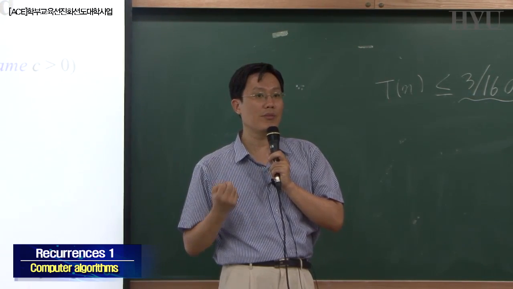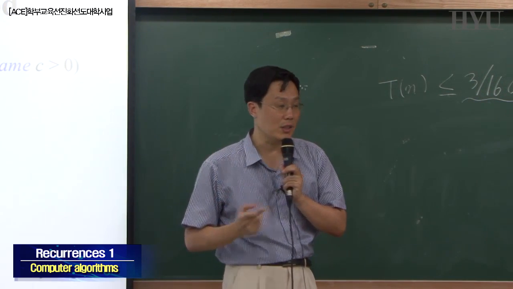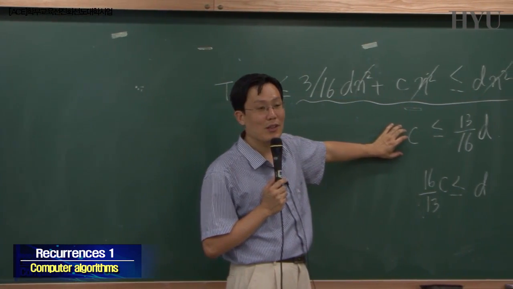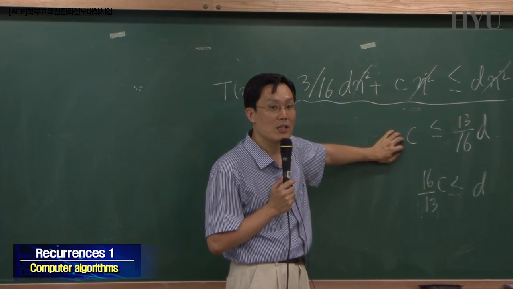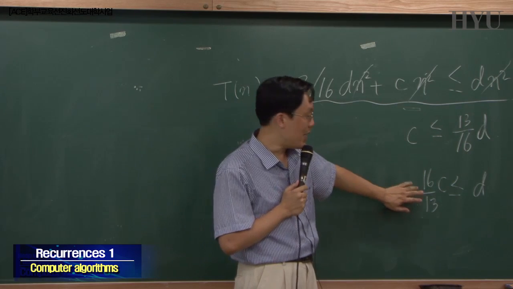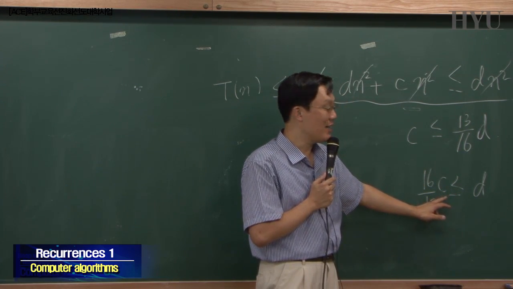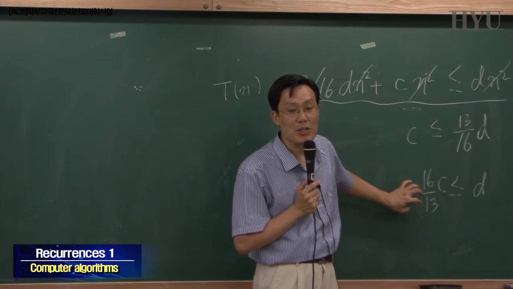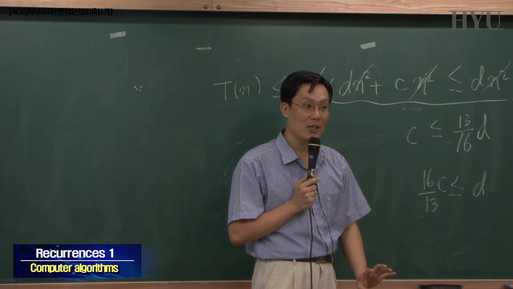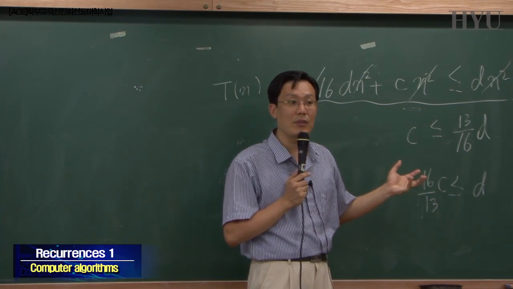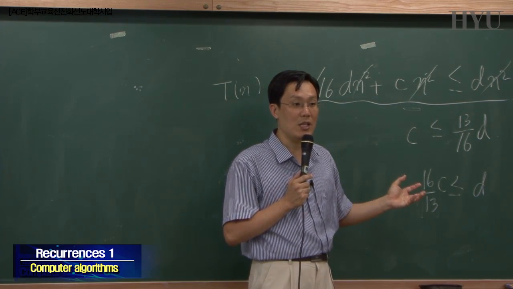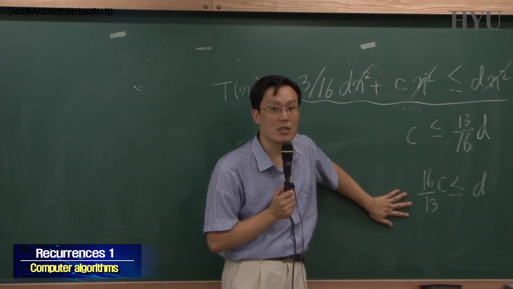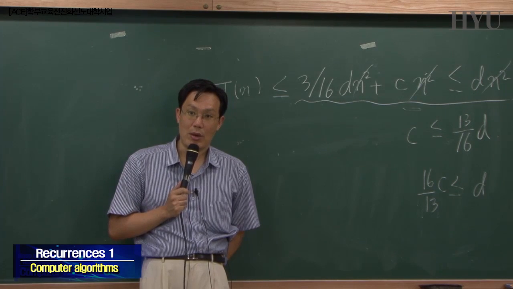The value of c or the value of d? The value of d, right. But this form looks like we are selecting the value of c. So it says d should be at least 16 over 13 times c. So this is better. Okay? c is a given constant value. And d is a constant, but we have to fix the value. So this is a better representation.